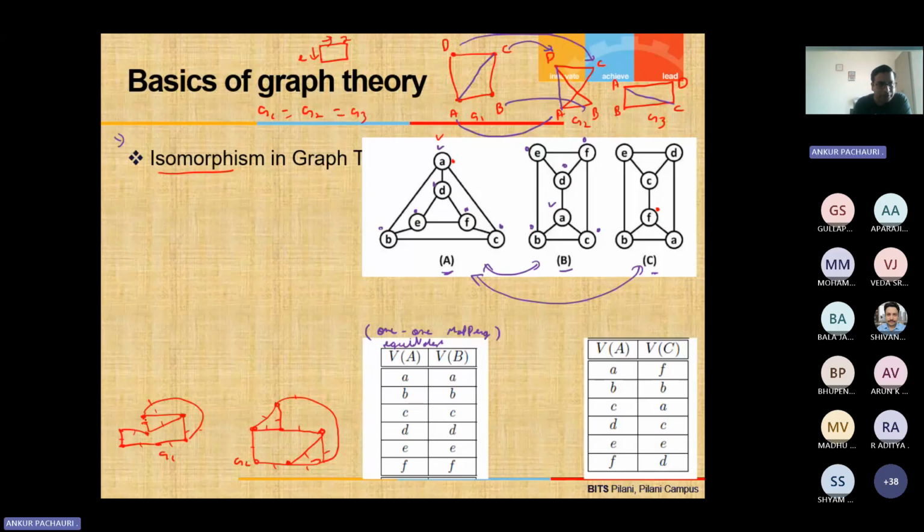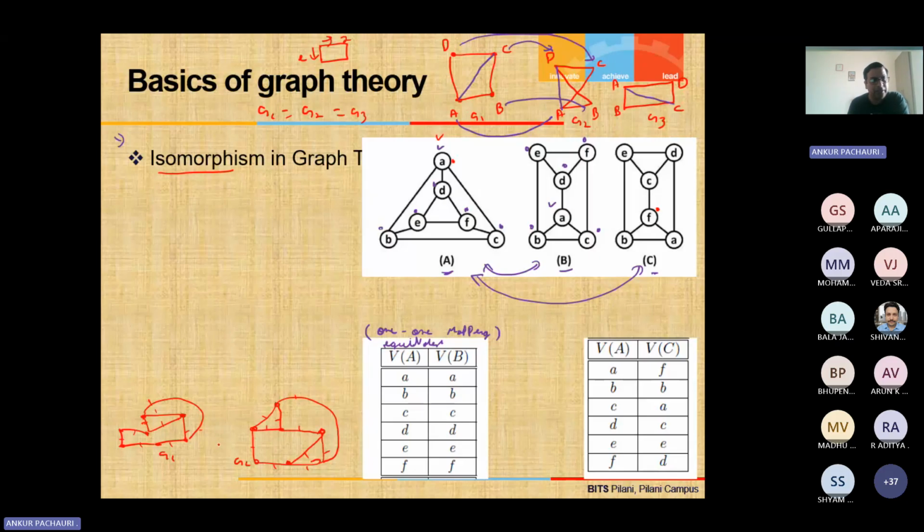Now here 1, 2, 3. There were 4 nodes with degree 3, and 1, 2, 3 nodes with degree 2. Here there's only one node with degree 2, whereas 1, 2, 3, 4, 5, 6 nodes with degree 3.